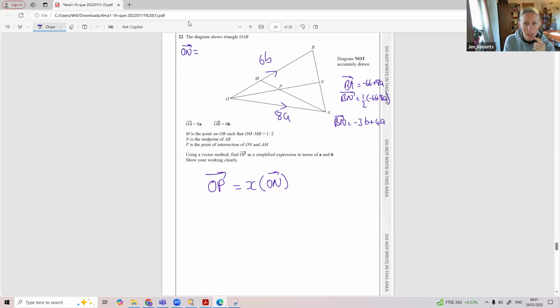So ON is O to B plus B to N. So ON is 6B add minus 3B plus 4A. 6B add minus 3B is just 3B, so it's 3B plus 4A.